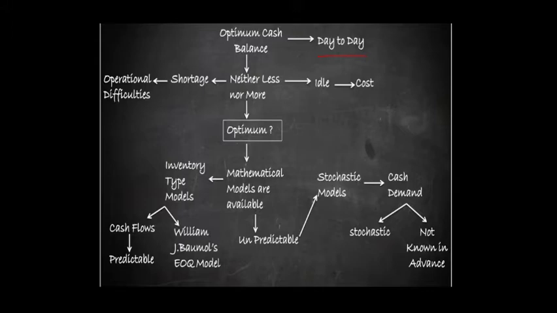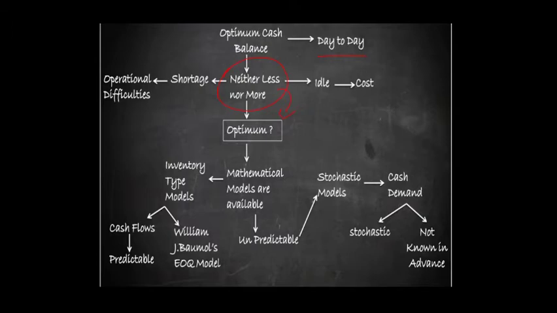A cash balance should neither be less nor be more. If this is the condition, then the cash balance should be optimum. Let's discuss what is the problem if the cash is more within a company.